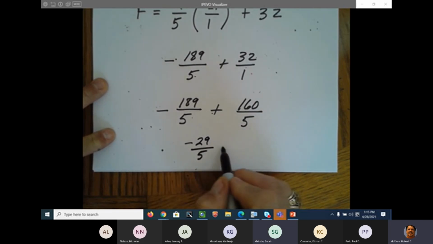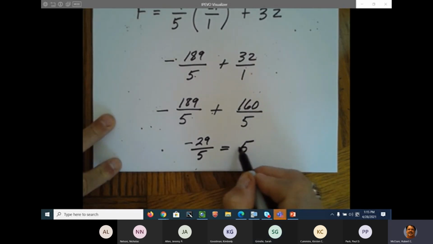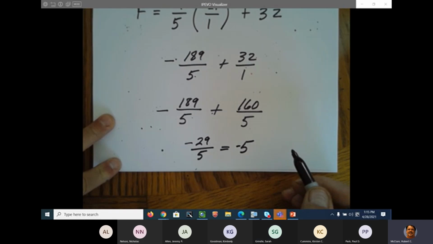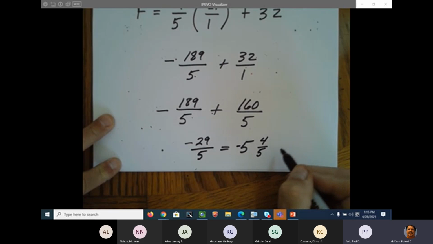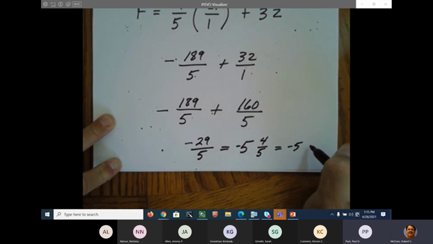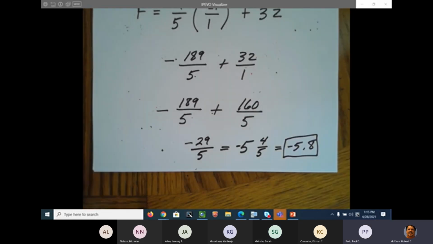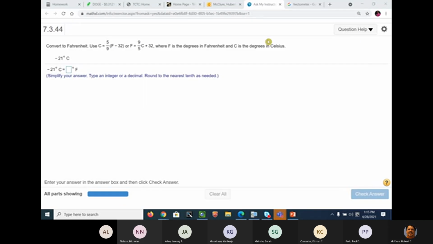And that's going to be equal to -5 4/5, which is equal to -5.8, I believe. Somebody check my math. Yeah, it looks right to me. So -5.8 degrees Fahrenheit.